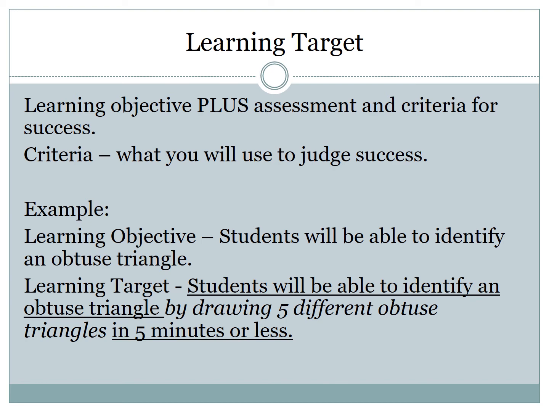Students will be able to identify vocabulary terms with an 80% accuracy might be my target for success. I've turned my objective into a learning target. So the only difference between a learning objective and a learning target is you include a criterion for success, a target for success.